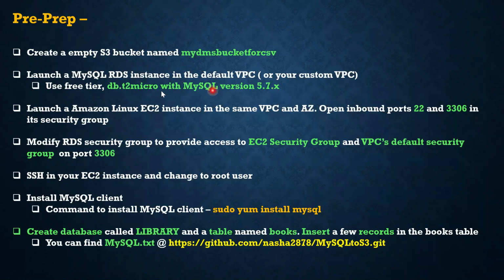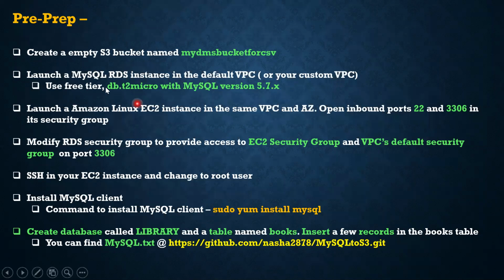The second thing is launch a MySQL RDS instance in your default VPC or in your custom VPC. For this particular tutorial, I have launched my MySQL RDS instance in my default VPC. You can potentially even launch it in your custom VPC.